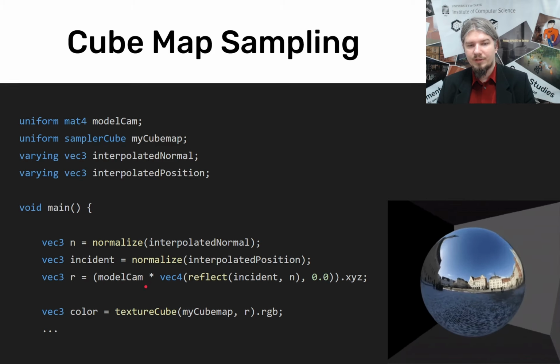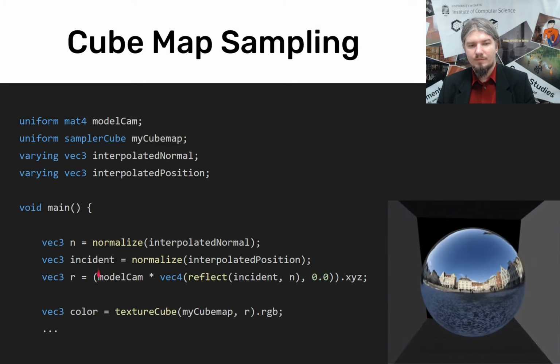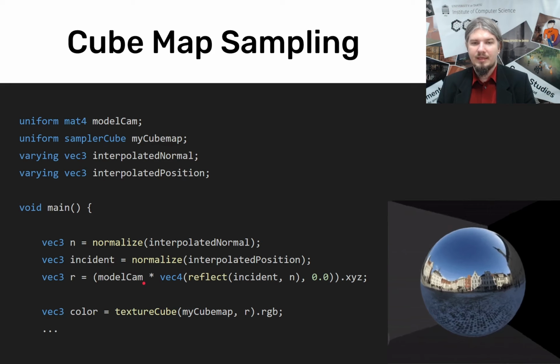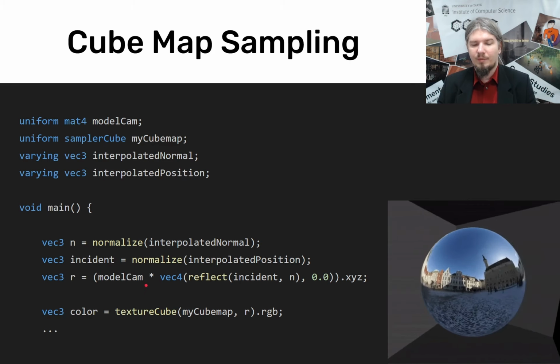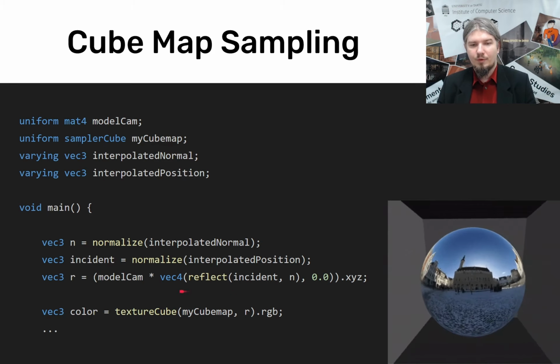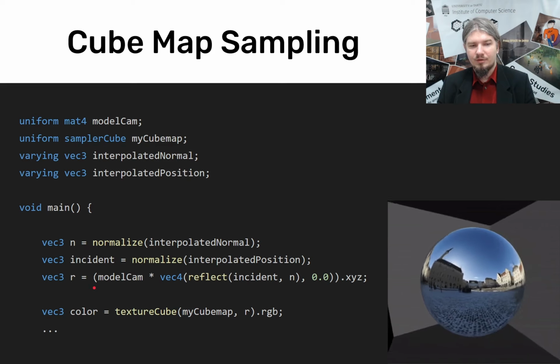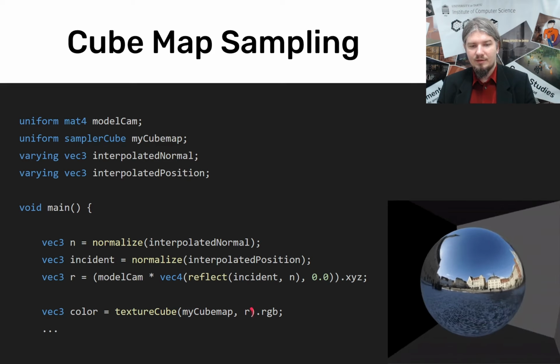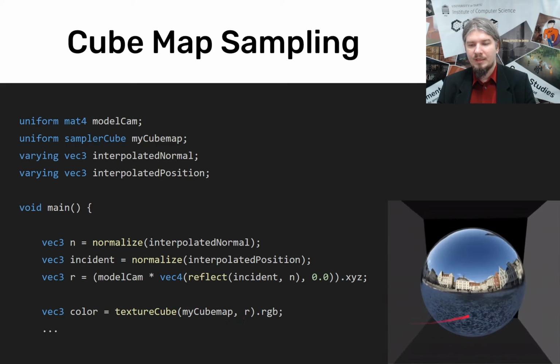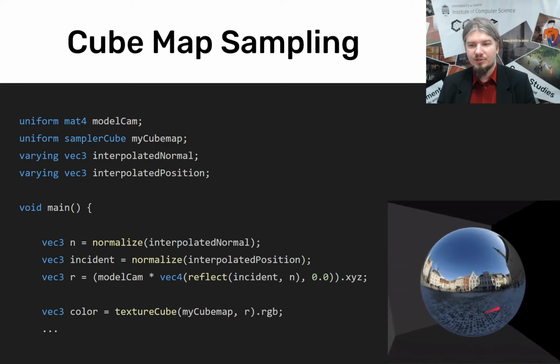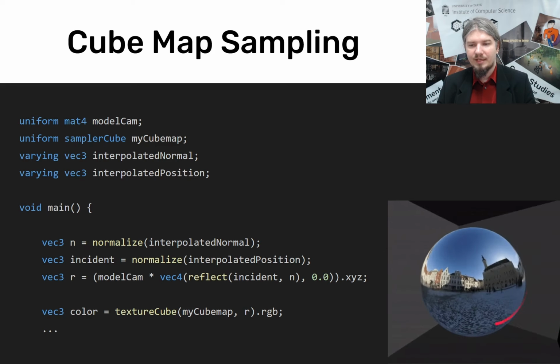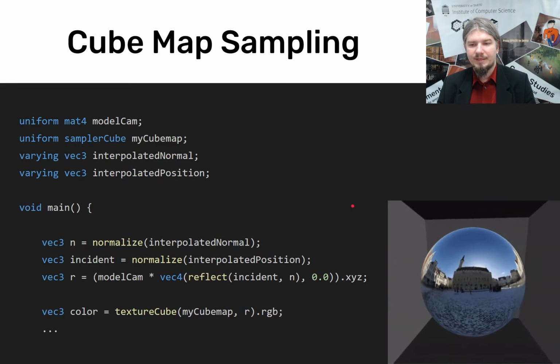So this is the inverse of the view matrix, or the model matrix of the camera, that takes camera space coordinates and moves them into world space. If you move your reflection vector into world space and then use it to sample your cube map, then you can see that the reflections are changing as the camera is rotating around this reflective object.